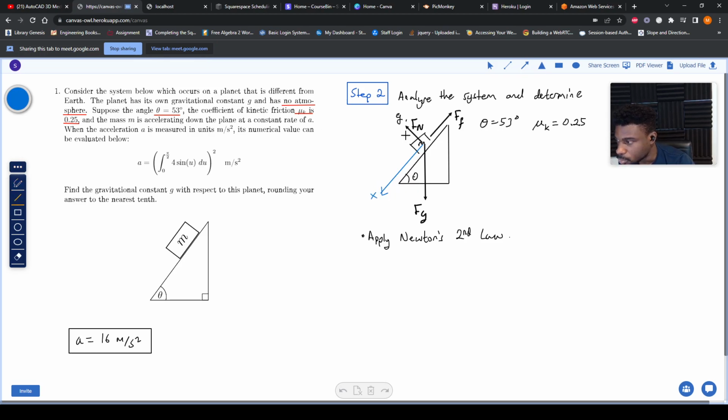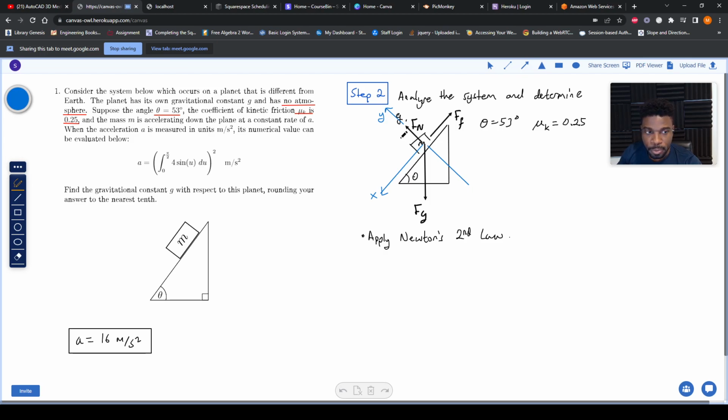And then we're going to draw the y direction. So the y direction is going to be perpendicular to the incline, so it actually extends this way. Okay. And since we set up our coordinate axes like this, we can already see that two of the forces are aligned with those axes, right?